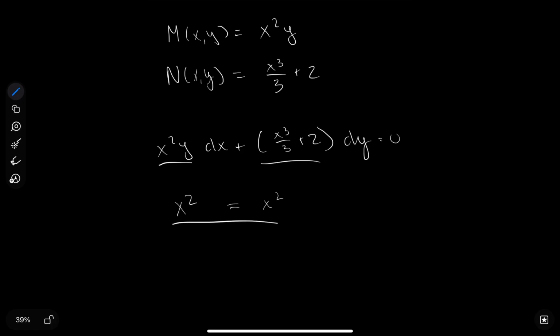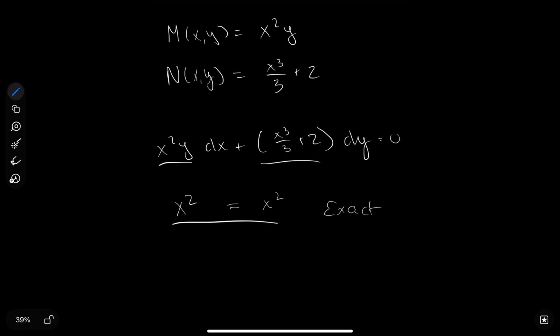So, since those are equal, this is exact. Now, you can force a differential equation into being exact in certain cases, it doesn't always work, which we will talk about more in the next chapter on first-order techniques.